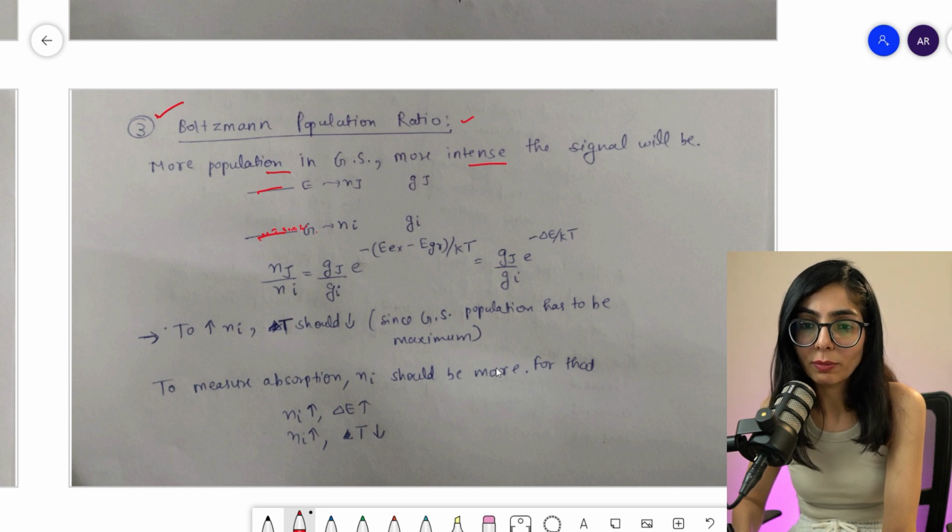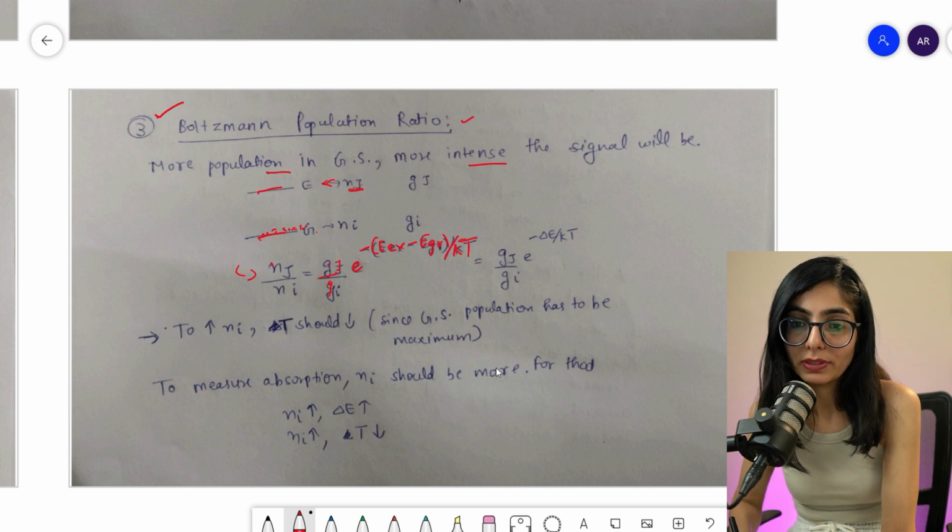And there is one more formula associated with it, that is Nj by Ni. J means the excited state, and Gj by Gi is the degeneracy ratio, times e raised to the power minus (E excited state minus E ground state) divided by kT, where k is the Boltzmann constant and T is temperature.